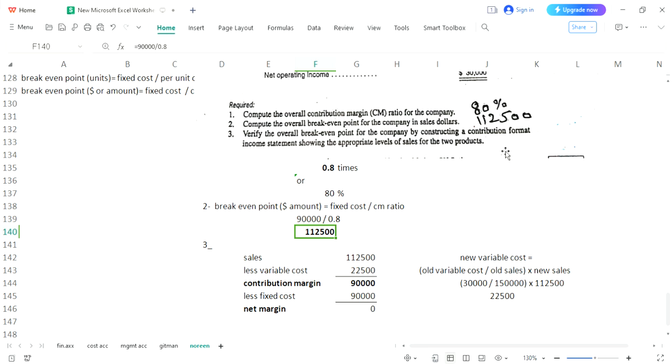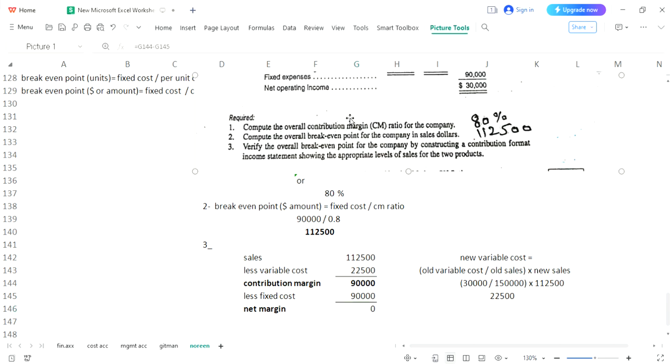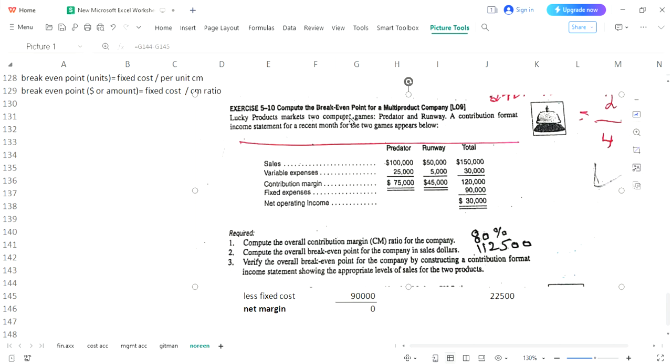Verification answer is not available, but keep it in mind whenever you are verifying your break-even, the answer would always be equal to 0. So here we have proved it. Our break-even sales were 112,500. When we put it in an income statement, we got the answer 0. So that means 5.10 is 100% completed. All three requirements completed. Answers were matched. So that's all for 5.10.